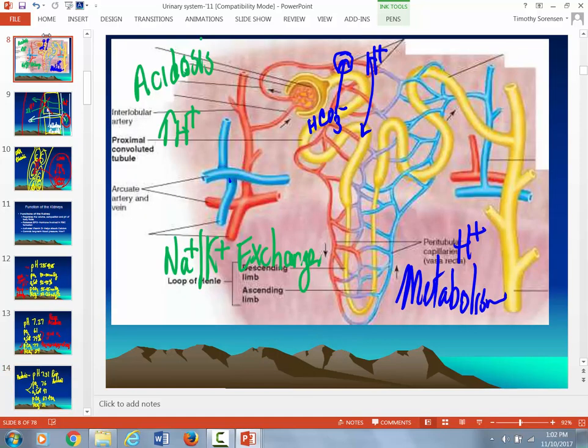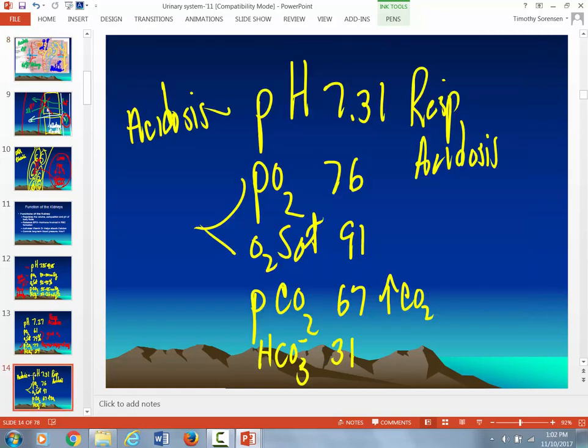So the kidneys will compensate by dumping more free-floating hydrogen ions into the urine and then reabsorbing more bicarbonate back into the blood. So if the kidneys are helping, what should happen to the circulating level of free bicarbonate in the blood? It should go up. Is it higher than normal? Yes. So this is a partially compensated respiratory acidosis.